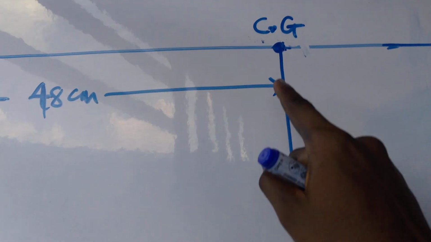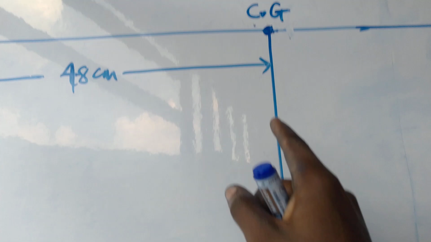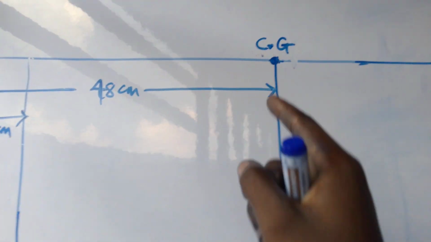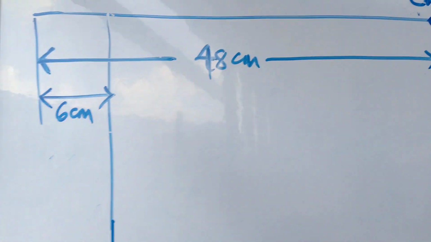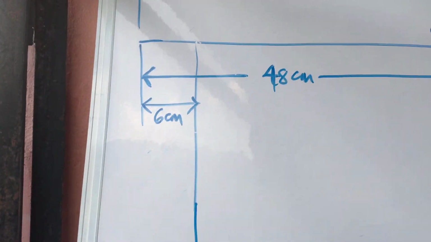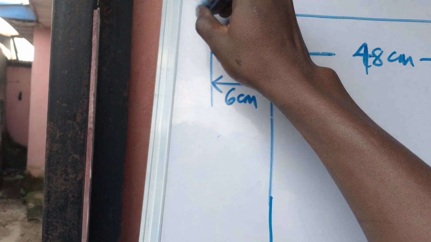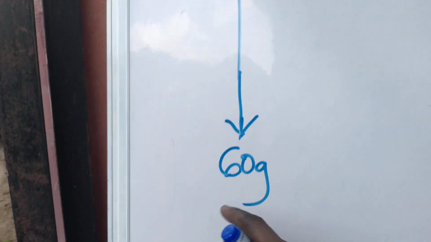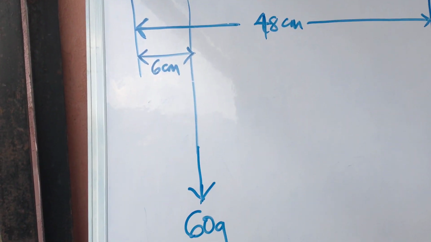This shows us the center of gravity, which is exactly where the mass of the meter rule will be placed. This is the starting point, point 0. So from 0 to here is 6 centimeter, and you place the 60 gram body.